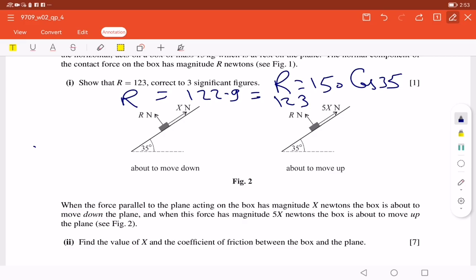And when this force has magnitude 5x newtons, the box is about to move up the plane. Then we need to find, in the second item, the value of x and the coefficient of friction between the box and the plane.